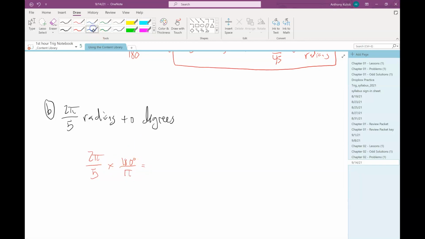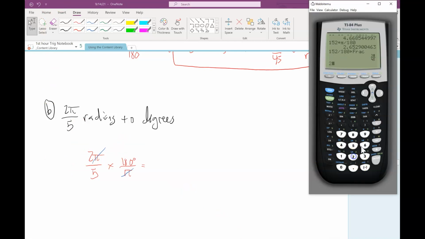So I can multiply these two fractions, but really, let's reduce the pi's out of there to start with. That makes life a little bit easier. So now I'll just go to my calculator and do 2/5 times 180, and that comes out to be 72 degrees.